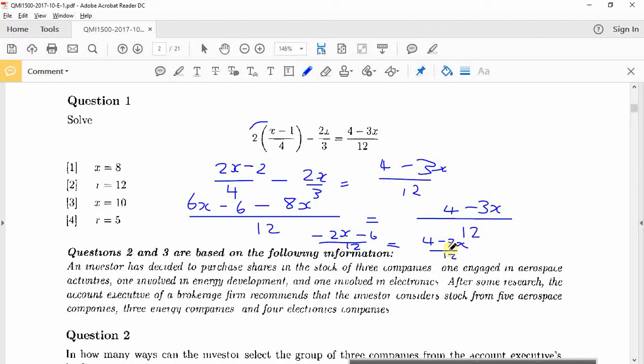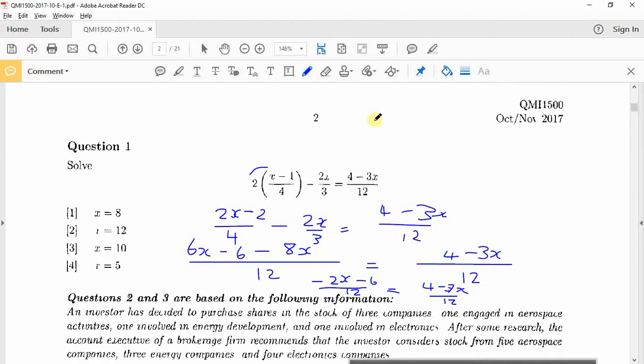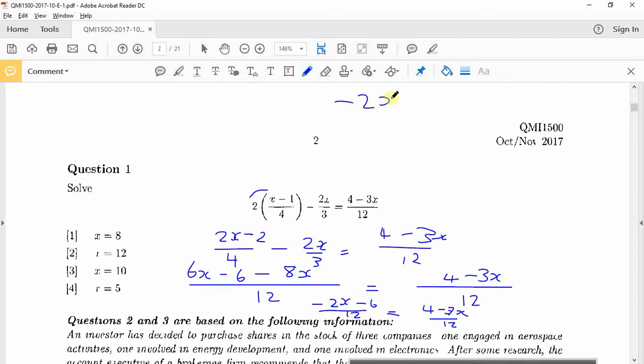Does that make sense? Yes. Now what? The 12s can go. So I've basically got minus 2x minus 6 equals 4 minus 3x.